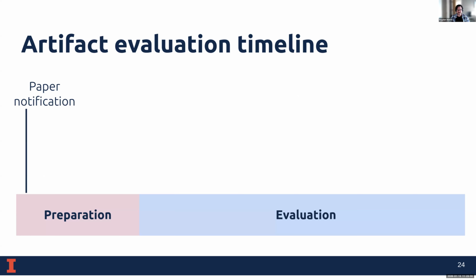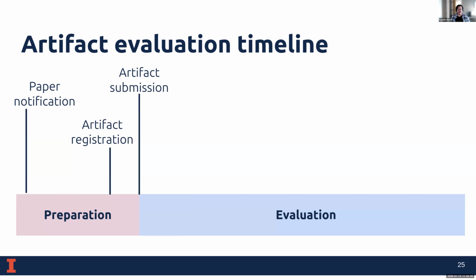Although it's optional, and people are talking about making it mandatory, we have a very high participation rate of around 70%. So around 70% of the papers are actually going through this extra peer review process to have their artifacts validated by a separate committee.